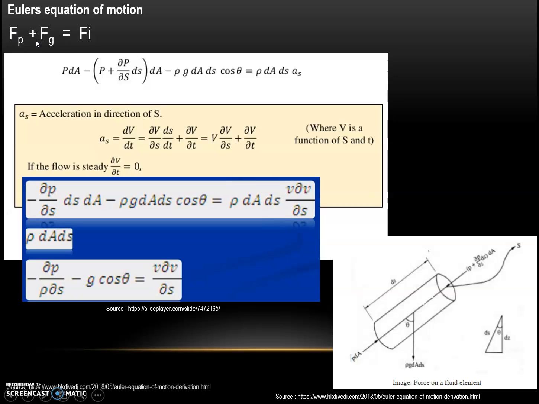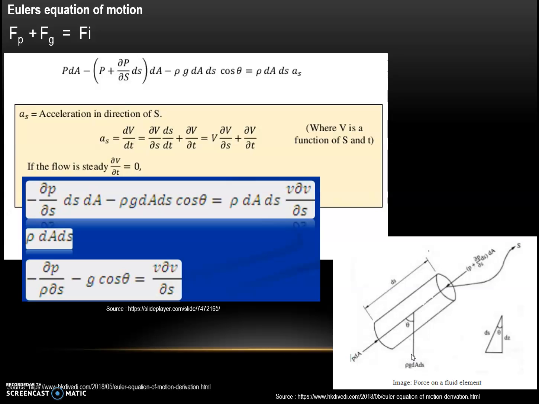And we have already seen that Fi is equal to Fg plus Fp. First we write the pressure force, that is P dA minus P plus dou P by dou S into ds into dA, and the force due to gravity can be written as rho g dA ds cos theta.